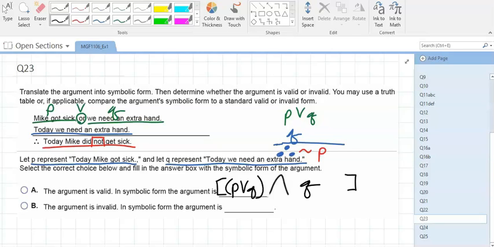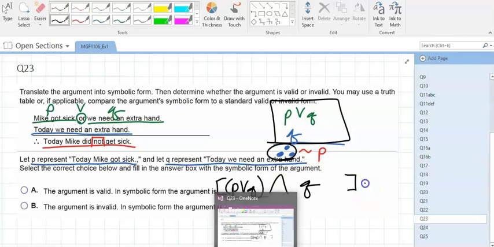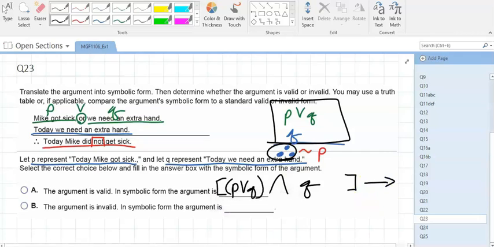Take all of your statements that are up here above the therefore, and you put them inside a bracket separated by ands. The three dots that are right here become a conditional arrow. And then after the arrow, put the conclusion.